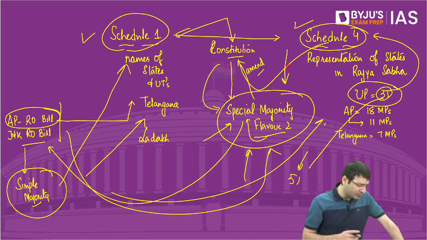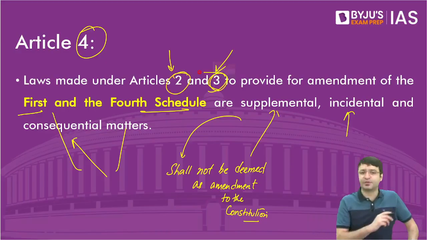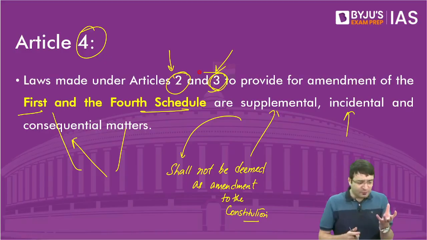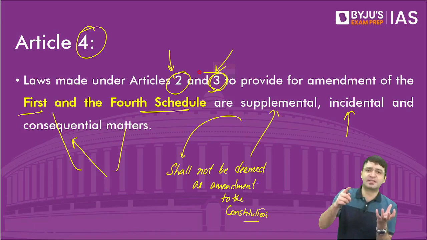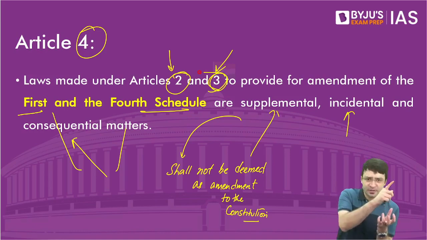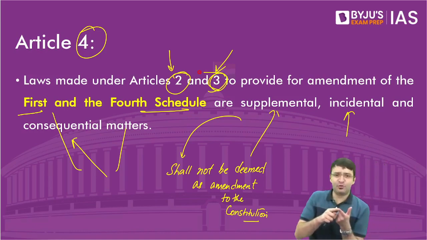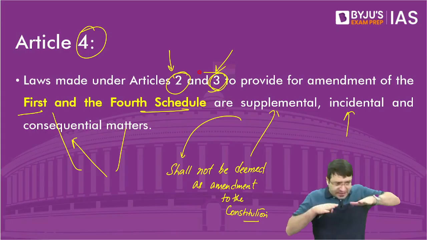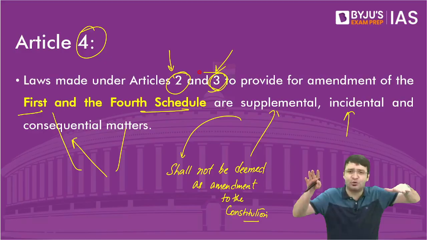But if you are passing a law under Article 2 or Article 3, where you are establishing a new state, for example, Ladakh will now be a state, you will have to change Schedule 1, you will have to change Schedule 4 as well, because if Ladakh is now a state, it should have a representation in Rajya Sabha as well. So if you are establishing a new state under Article 2, there will be changes to Schedule 1 and Schedule 4.